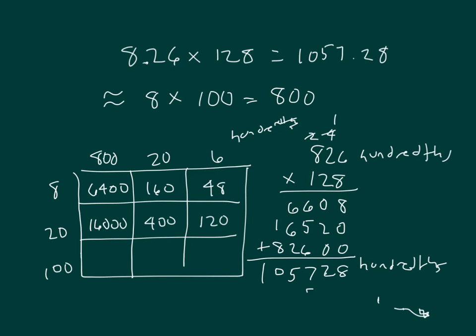My last line, 4 zeros with the 8. 80,000. 100 times 20 is 2,000. 100 times 6 is 600. And when we add those together, we get 82,600. So our area model matches our standard algorithm.